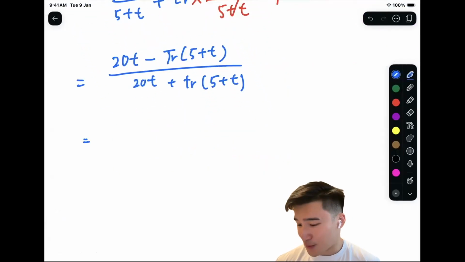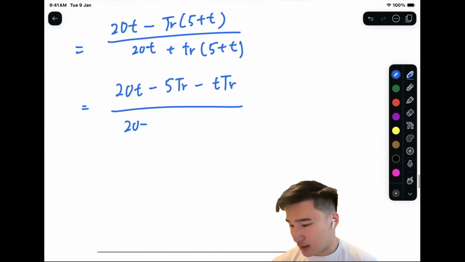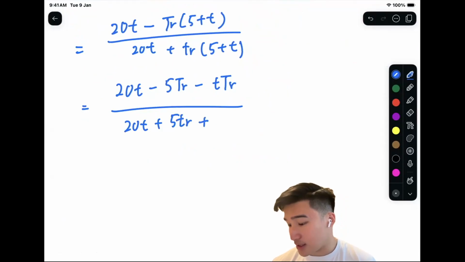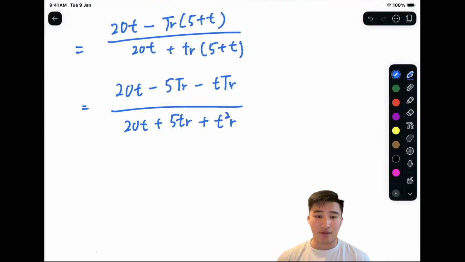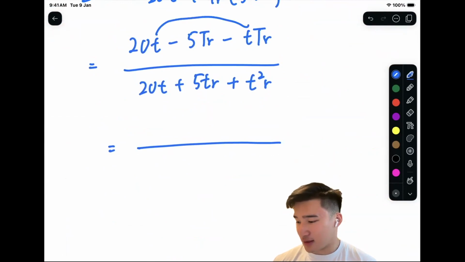So now we just continue forward. We have 20T minus our 5 big TR, and then it is minus again, so you have minus T small t and big TR. And then you have 20T plus our 5 TR plus our T squared R. So we have this here. And now for simplicity, we can actually take out T from these two.